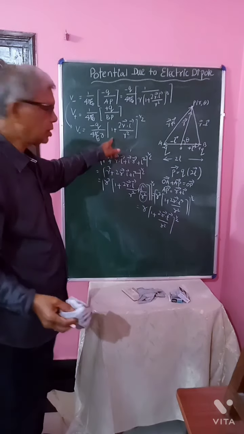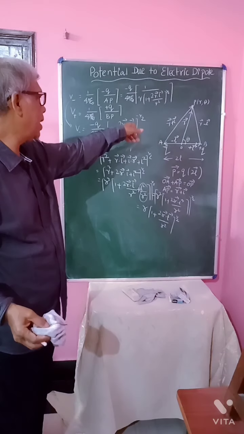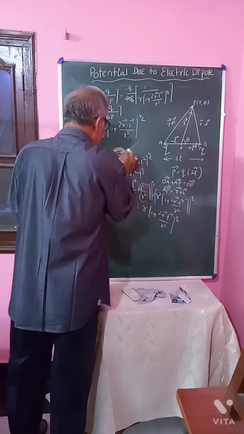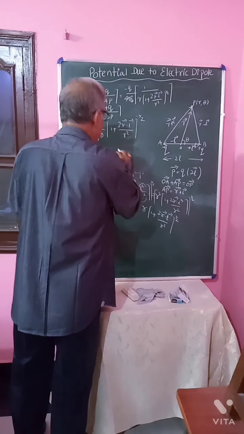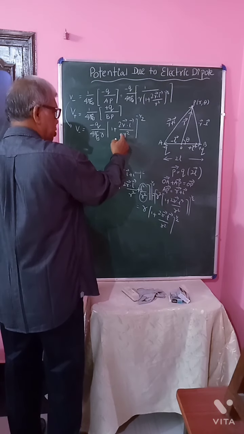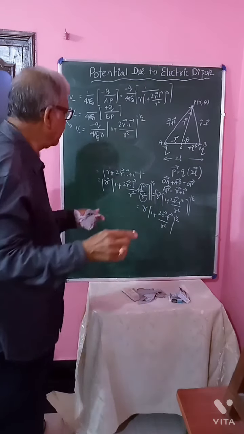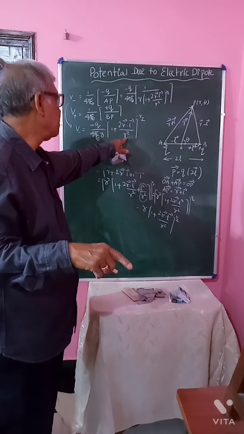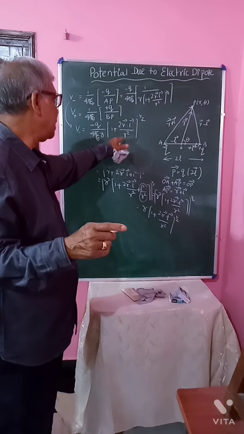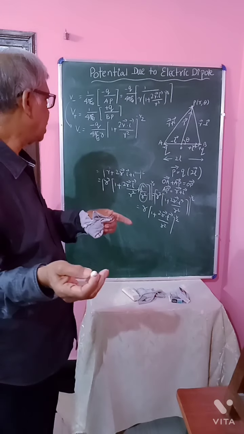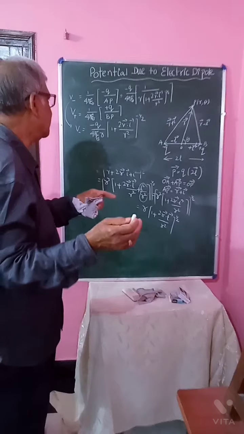Now this term can be expanded binomially, retaining only the first two terms and dropping the higher powers of 1 by r square, because r is very large and their contribution to the potential is negligibly small.